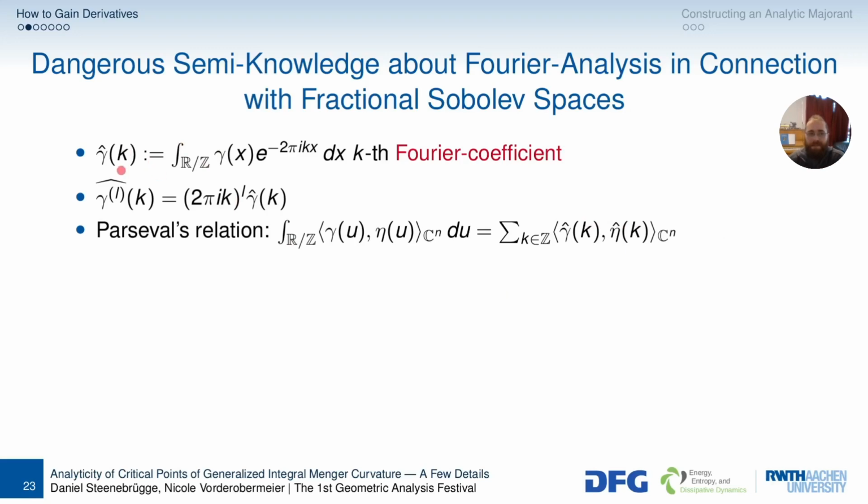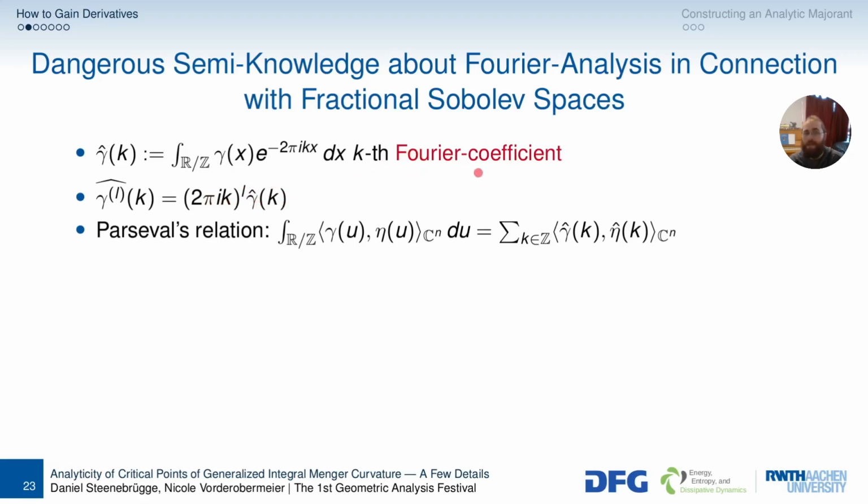Okay, let's take the Fourier coefficient first. The k-th Fourier coefficient or Fourier transform of gamma is just the integral over the unit interval of gamma times e to the minus 2 pi i kx with respect to x. And for nice gamma you can represent gamma by its Fourier coefficients, and they have another upside because if we take the Fourier transform of the Lth derivative of gamma, this is essentially the same as taking k to the L times the Fourier transform of gamma.